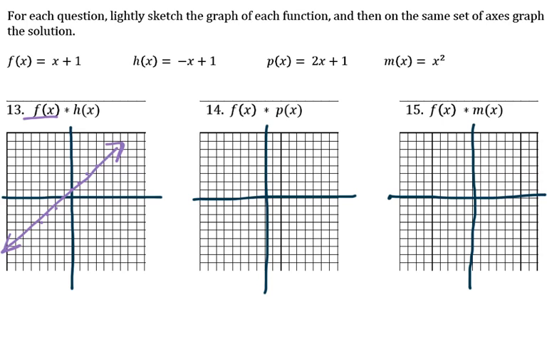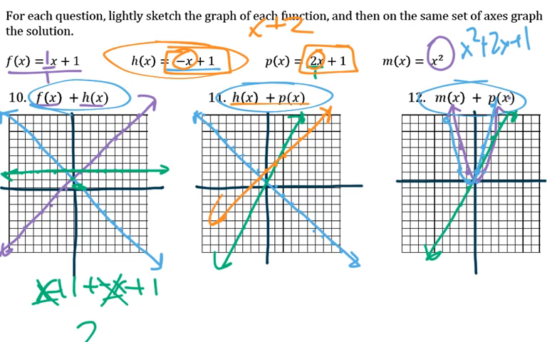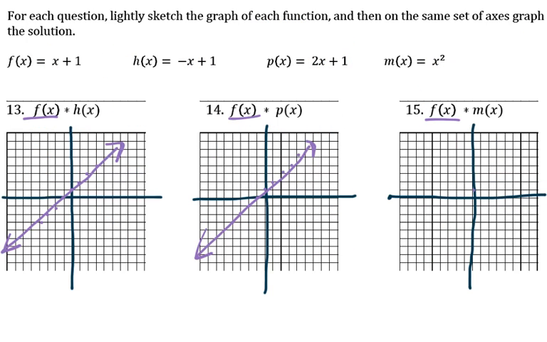Okay, so let's draw all the f of x's. Oh, it wasn't quite the same on this one, was it? So we're using f of x every time this time. Okay, so there's f of x, m of x.